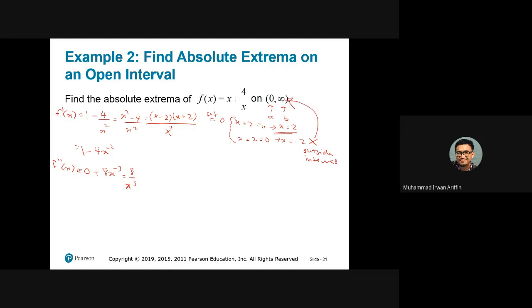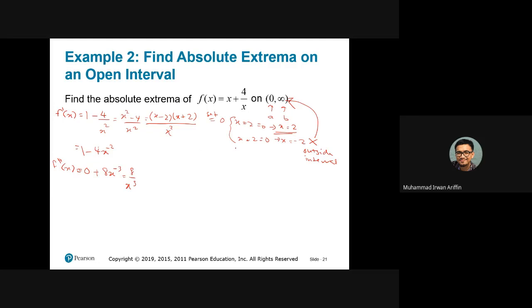So that's why we have only one critical number, which is 2. Now we want to check from theorem 3 whether we can apply theorem 3 or not.